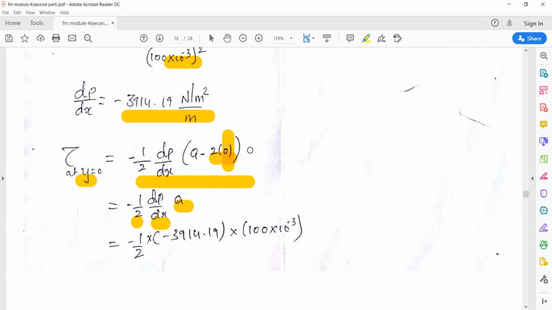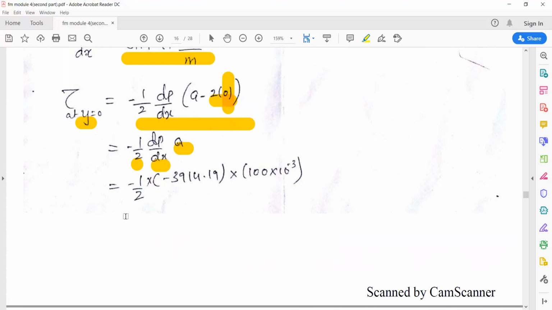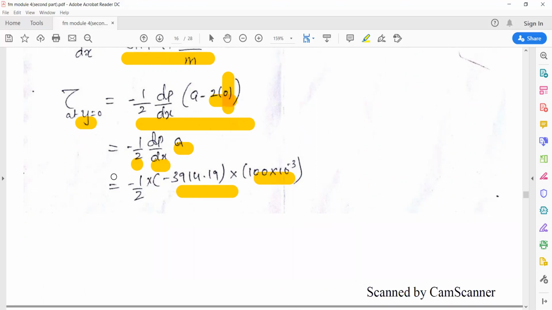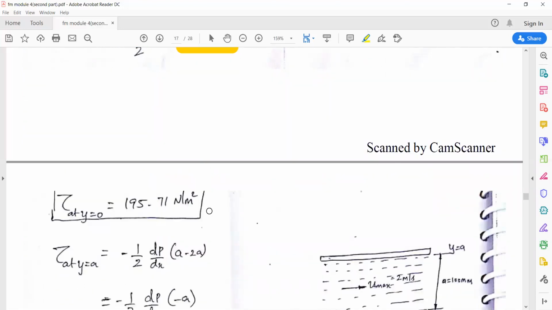We already have the value of dp by dx, you can substitute, and a is the distance between two parallel plates, that is 100 mm. If you substitute, you'll get the value of tau at y is equal to 0.